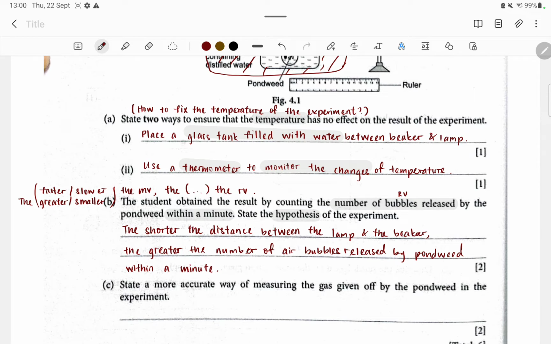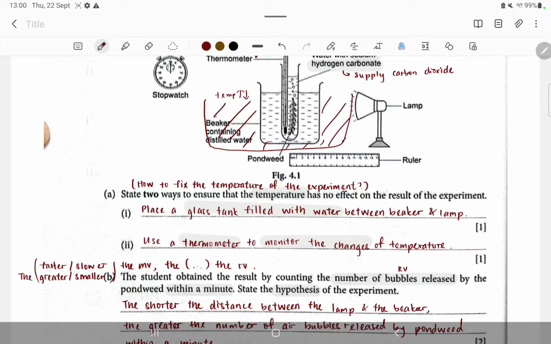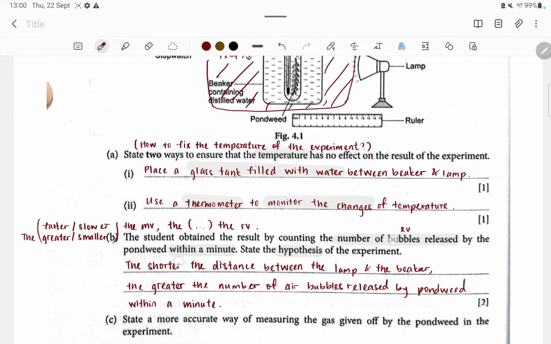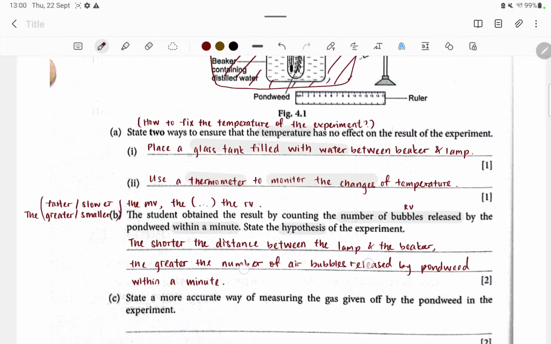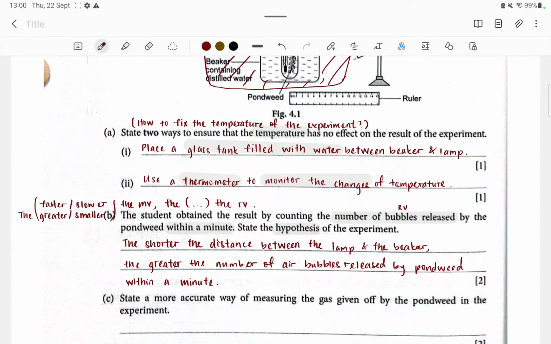Okay. C. State one more accurate way of measuring the gas given off by pond weed in the experiment. So this one you can say that instead of counting the number of bubbles, you can choose to say use a gas syringe with readings to determine the volume.